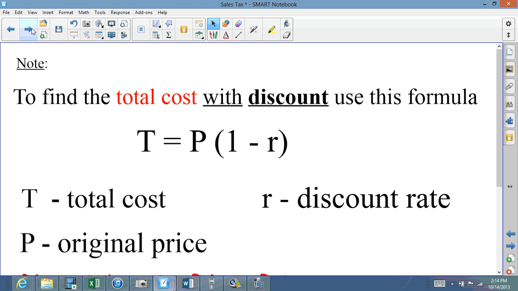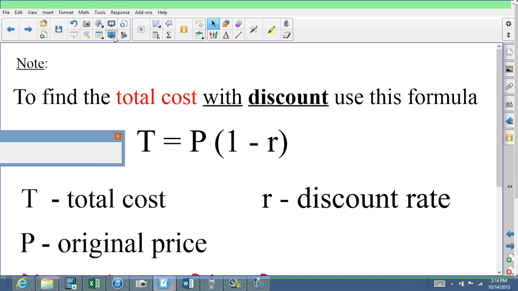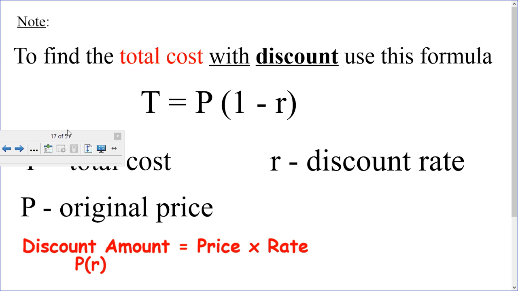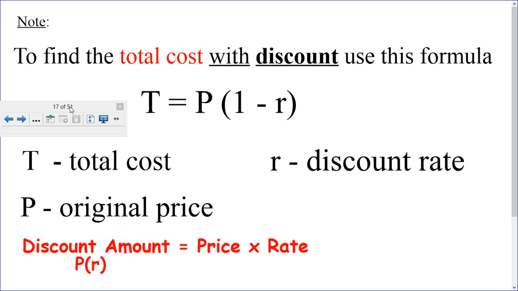Here's another formula I want to give you. To find the total cost with discount, use this formula. T equals P(1 minus R). T standing for the total cost, P standing for the price, the original price, R representing the discount rate.